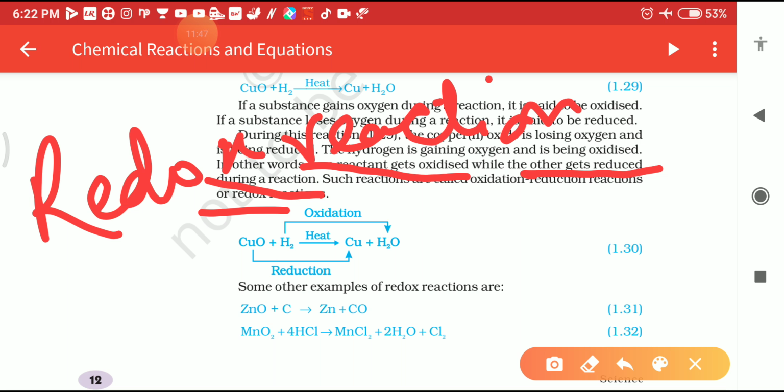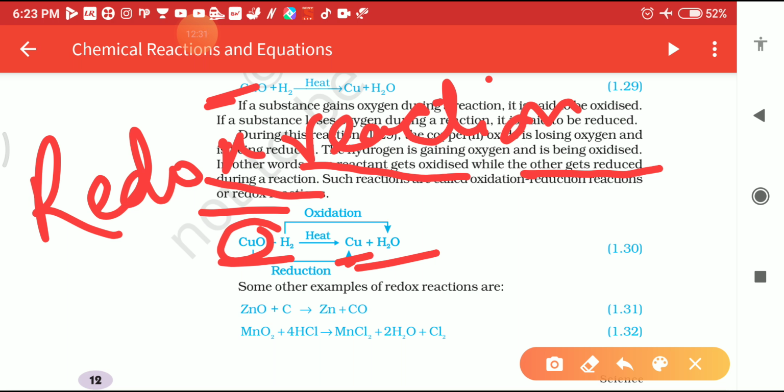Now let's see the example here, this one, 1.29. It is written here: copper oxide plus hydrogen, heat is given, arrow sign, copper plus water. The left side is your reactants and the right-hand side is your products. Now see very nicely here, we have copper oxide on the left and on the right side only copper. So oxygen is being removed. You will see copper oxide here and simple copper there.